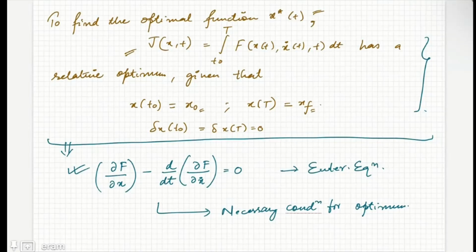Now if such a function needs to be optimized with these boundary conditions, and also if we need to satisfy the dynamics. So suppose the dynamics is governed by something like x dot t, where x and x dot are vectors, it can be scalars also.